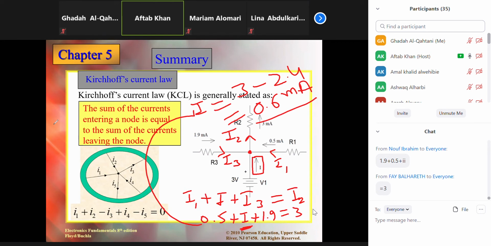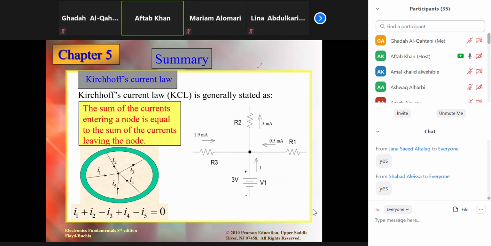Clear? So this way you can find the unknown current, and you can apply KCL to any node where two or more branches are meeting. This is called a node, and we can apply KCL to a node. By the way, this law is applicable for parallel circuits only, because in a parallel circuit we have nodes.